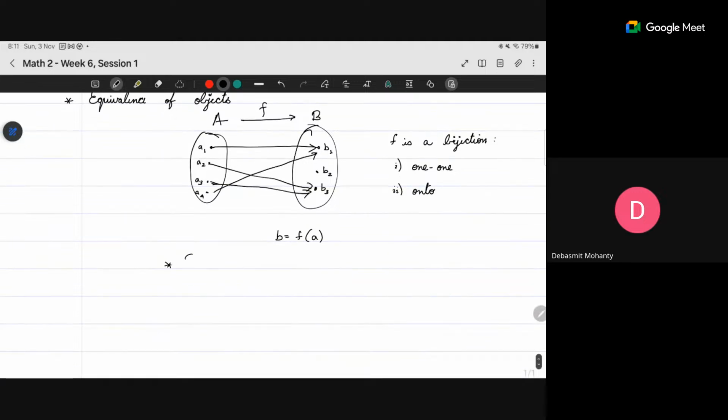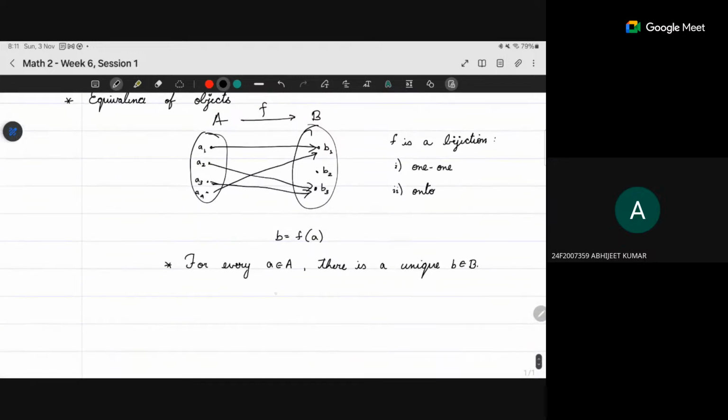So this is satisfied. For every A in A, there is a unique B in B mapped to it.